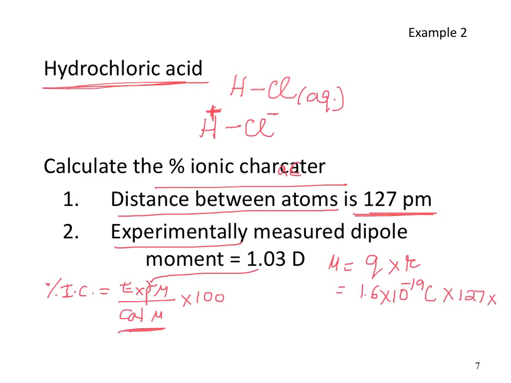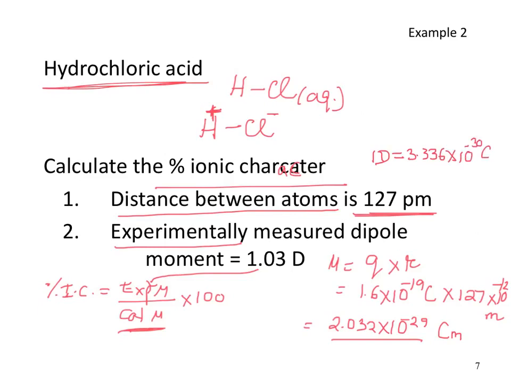Pico means 10 to the power of negative 12. So you can safely say that this value comes out to be 2.032 times 10 to the negative 29 coulomb meters. We also learned earlier that 1 debye is equal to 3.336 times 10 to the power of negative 30 coulomb meters.